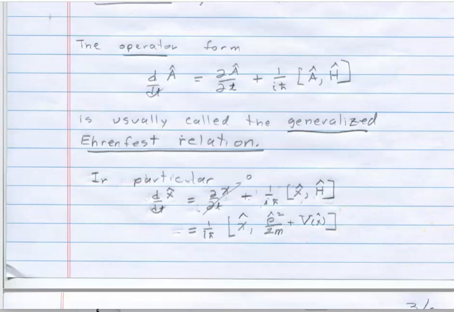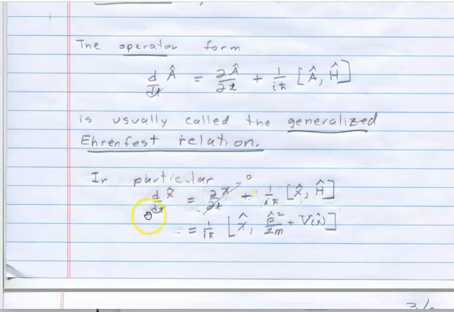To give you a quick example of an application, let's take a look at the time derivative of the quantum mechanical position operator. Remember, the position operator is just replacing the coordinate with the coordinate itself, and it obviously doesn't explicitly depend on time. x and t are independent variables, so this partial derivative goes out.